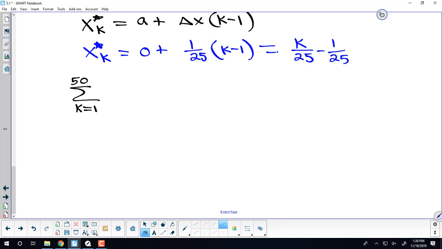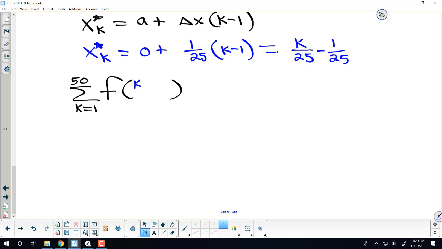Remember, we don't sum up just the x stars. It's the 1 over 25 times. We wouldn't put k over 25 minus 1 over 25 in front of the summation because we have to first evaluate the function at x star.